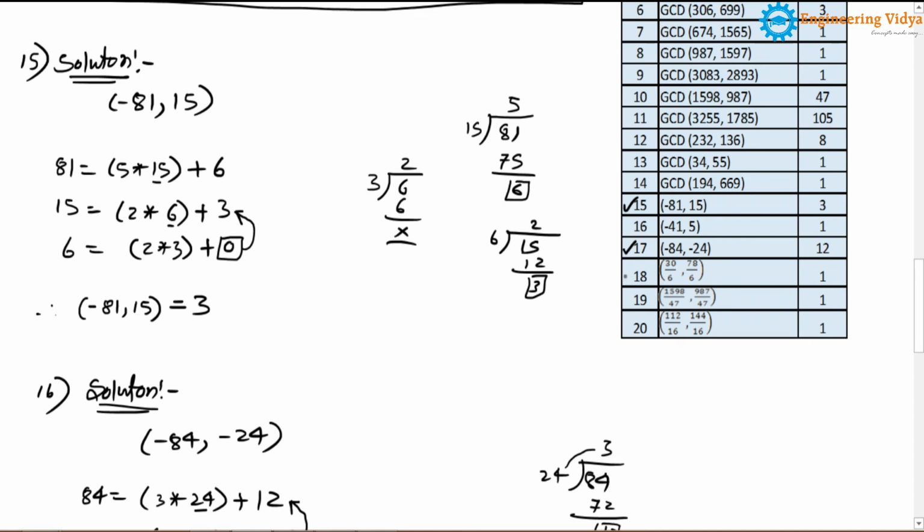Now sum number 19, here we have 1598 divided by 47 and 987 divided by 47.